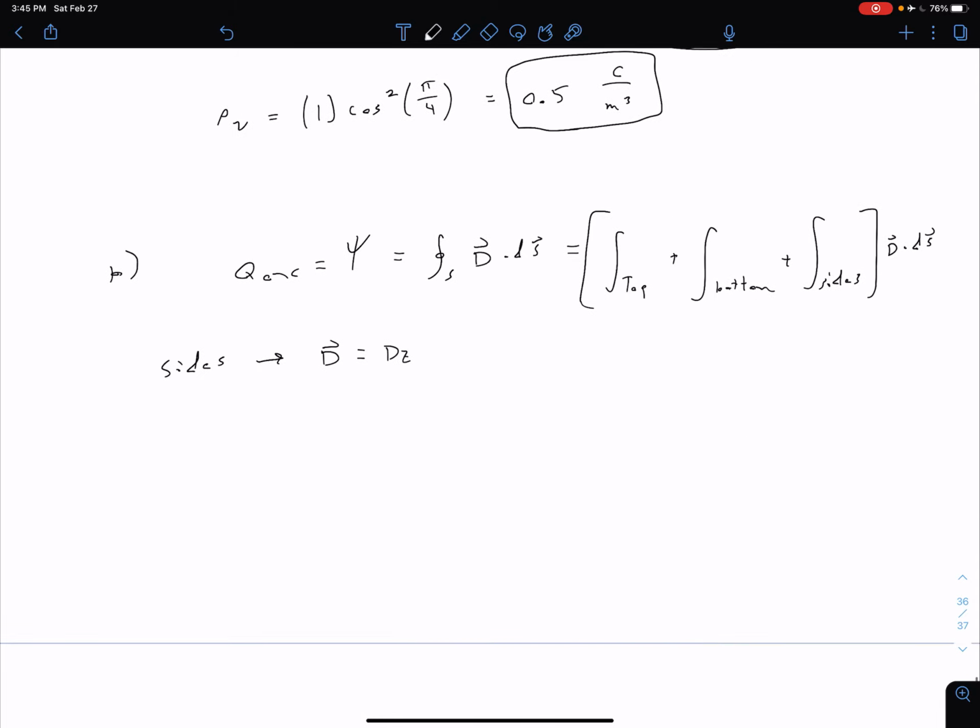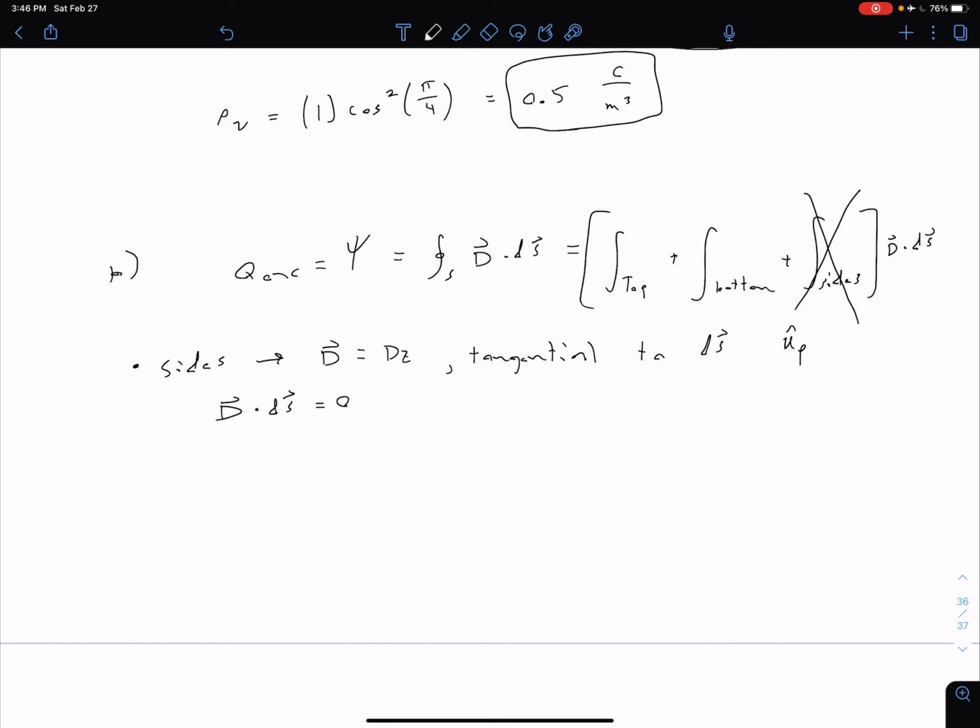That's going to be tangential to our dS, which is in the phi direction. What that means is those terms are going to go away. We're going to have D dot dS, a unit vector in z dotted with a unit vector in rho, which is going to be equal to 0. So we can ignore our term for the sides.